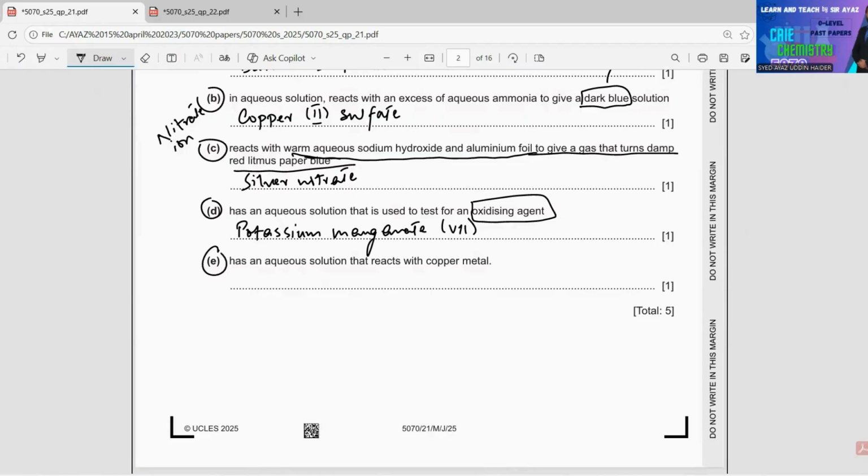E has an aqueous solution that reacts with copper metal. If copper metal is reacting, that must be the salt of a metal below copper. You recall the reactivity series, the metals below copper include silver, gold, and platinum.